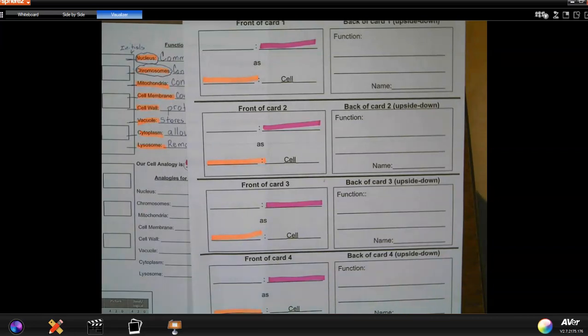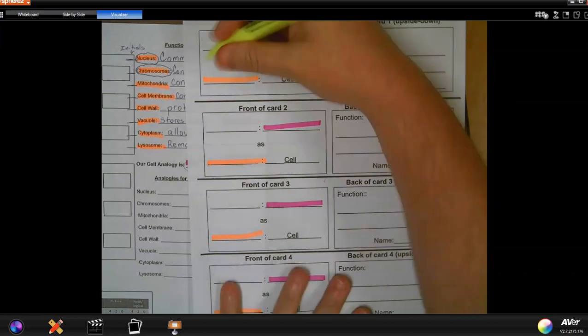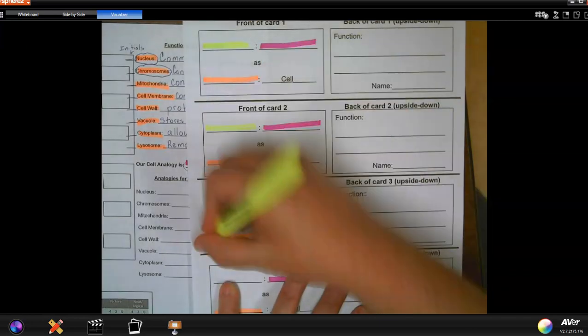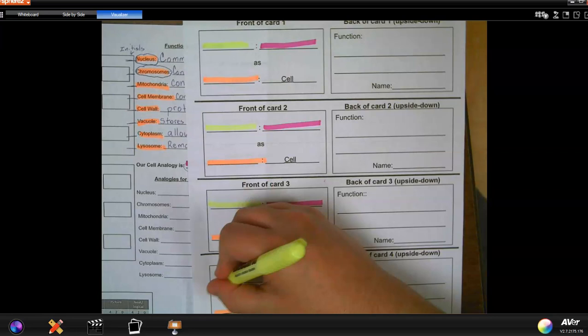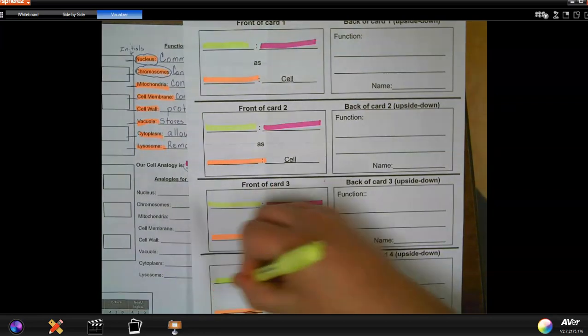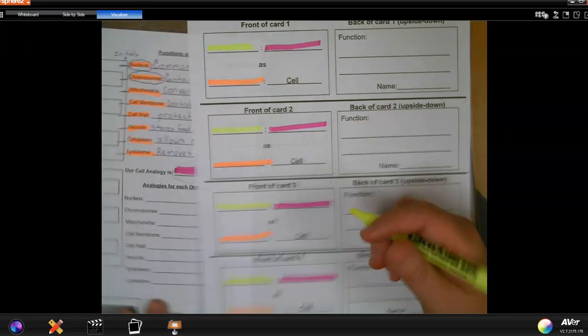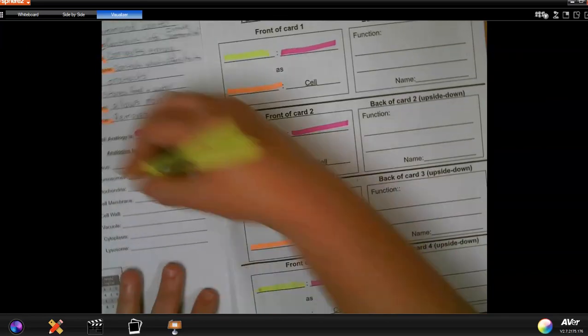And the last spot on the front of your cards, this spot right here, this is what you're comparing your organelle to. So it's whatever you wrote here.